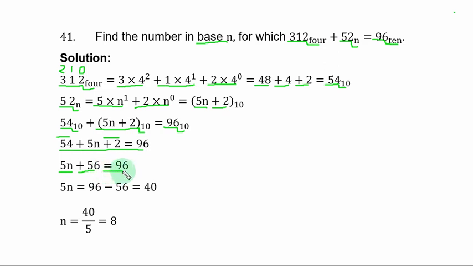You transfer the constant term plus 56 to the right hand side. You have 5n equal to 96 minus 56, that is equal to 40. To get n, divide both sides by 5. So n is equal to 40 divided by 5, and that is 8.